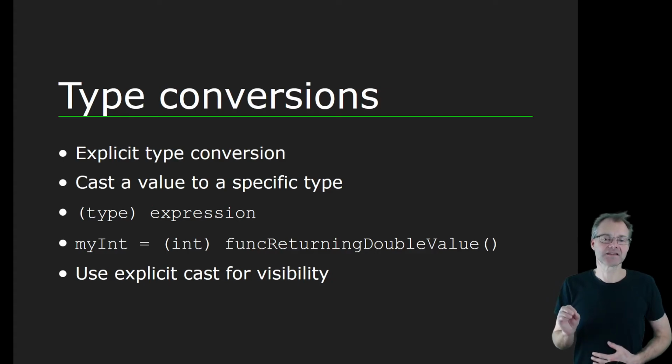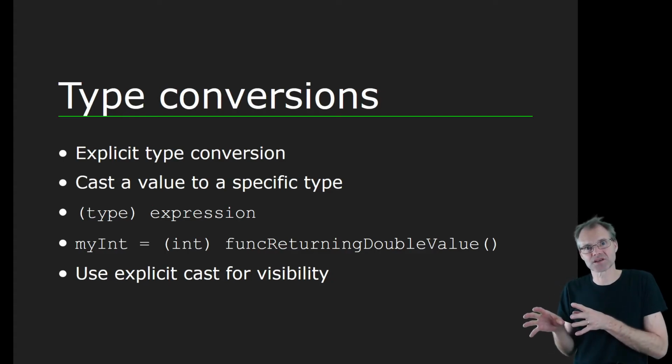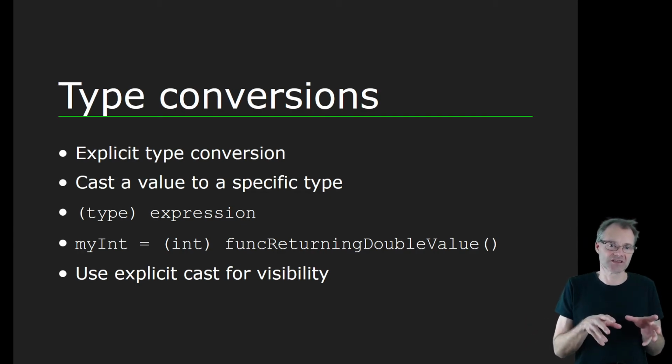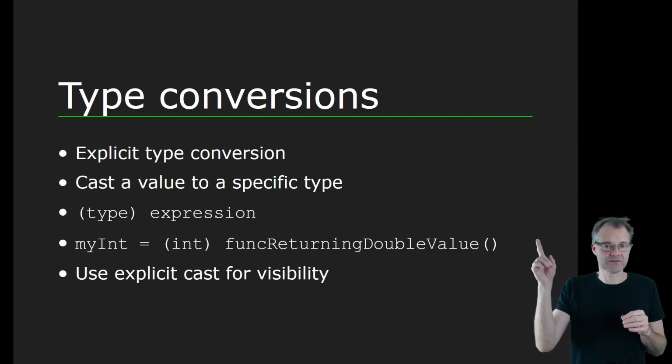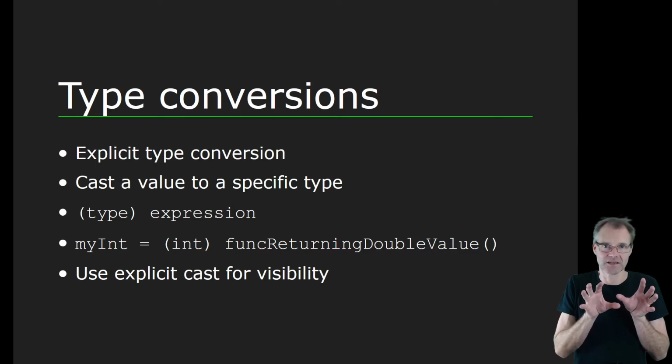An explicit type conversion is when I, as a programmer, write that an expression should be cast to this type. So we usually write that as in the middle here. We have a parenthesis, and then I say the type, so int or char or float.